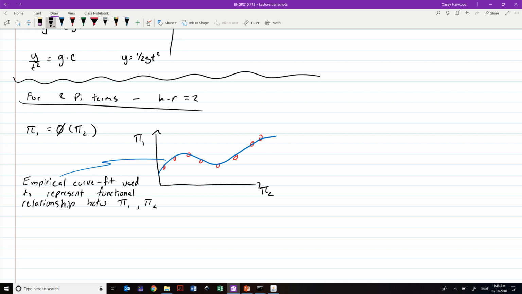If you go through this process, you correlate your data, and the idea is that this curve is universally applicable to problems governed by the same physical phenomena.